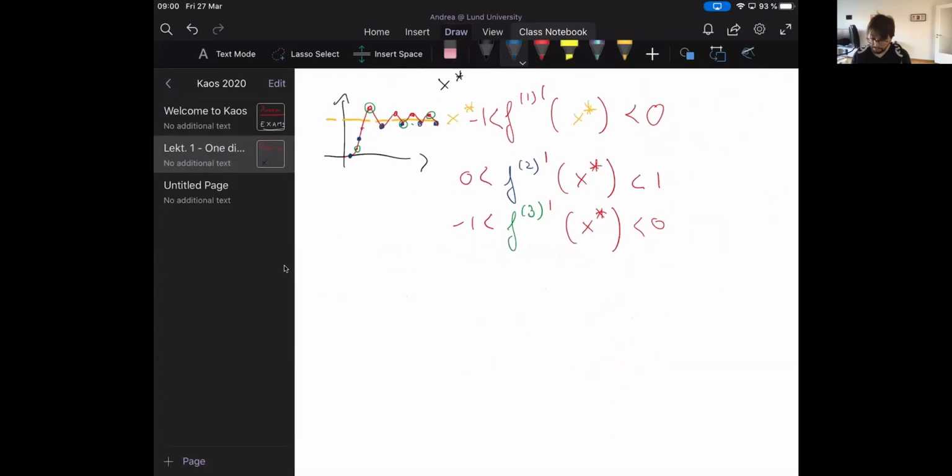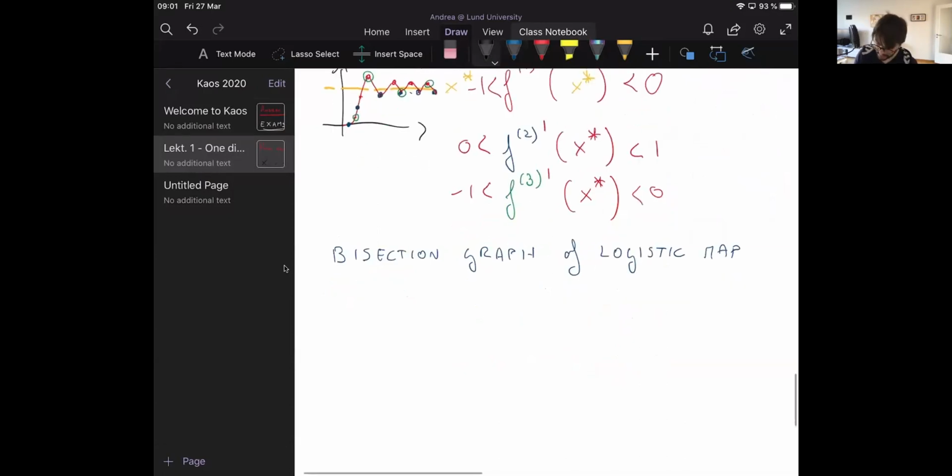So now we can go and start studying the properties of this logistic function in what is called a bisection graph of the logistic map. Sorry, I said function, but it's a map. They are two different things.